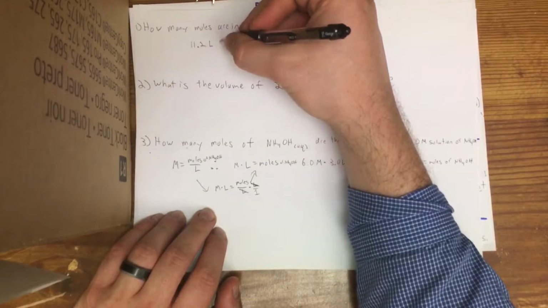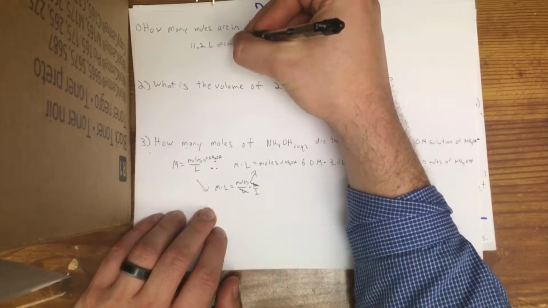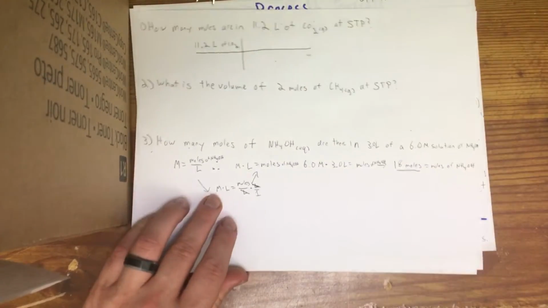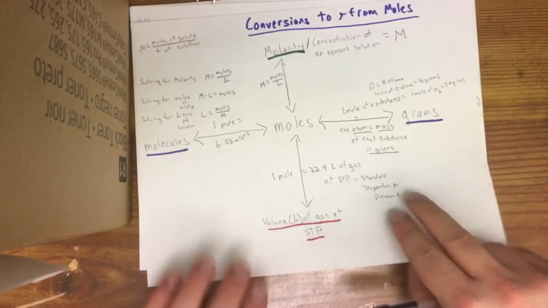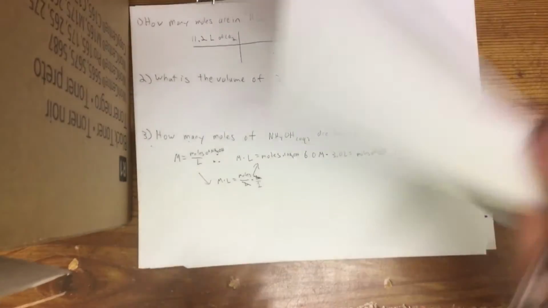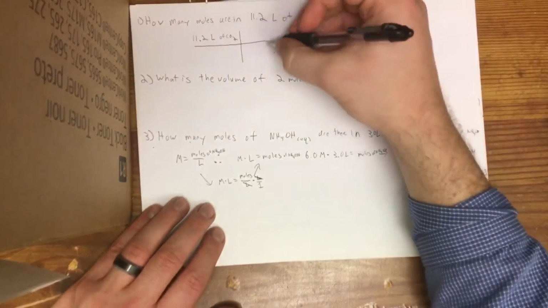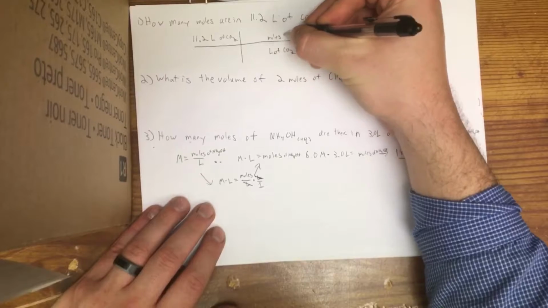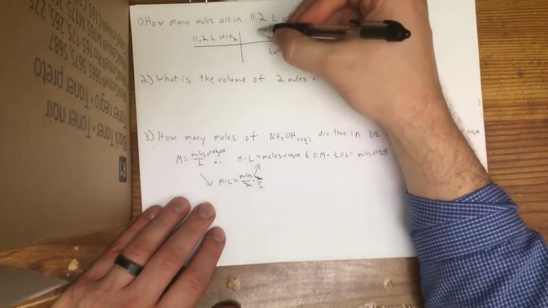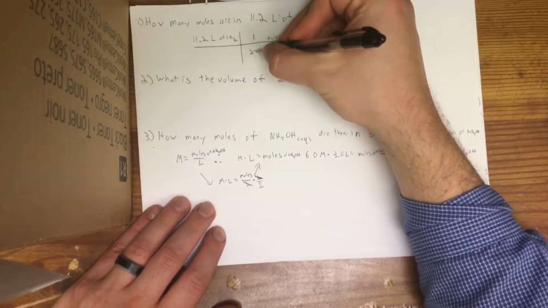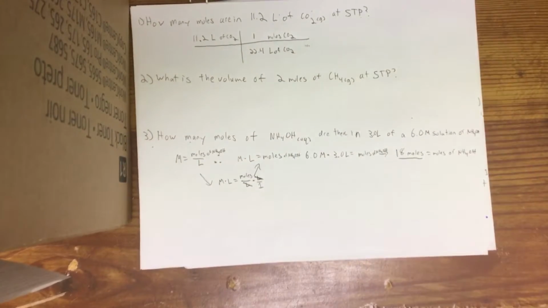So we have 11.2 liters of carbon dioxide, and we know from our conversion chart that 1 mole of any gas at STP is equal to 22.4 liters of gas. So we're going to convert from liters of carbon dioxide into moles of carbon dioxide, with the conversion that 1 mole of carbon dioxide at STP is equal to 22.4 liters.